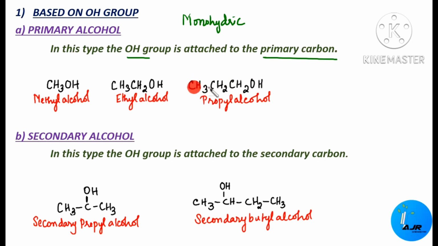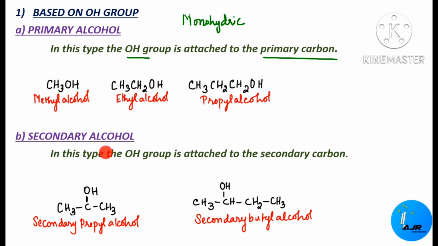We cannot consider this one because it is attached to the next one. But this carbon atom is attached to only one carbon atom, so this is a primary carbon. So this alcohol is a primary alcohol. All these alcohols are primary alcohols because the OH group is attached to primary carbon atoms. Understood, students? What is primary carbon? If the carbon atom is attached to only one carbon atom, then that is called a primary carbon.